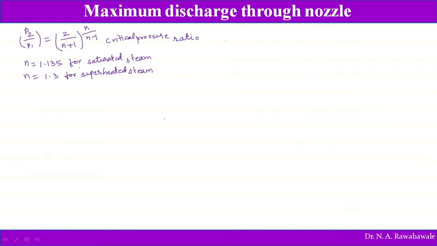Now substituting these two values in the above equation, we get the critical pressure ratio for saturated steam. If we substitute 1.135 in place of n, P2 divided by P1 will be equal to 0.58. This is for saturated steam.